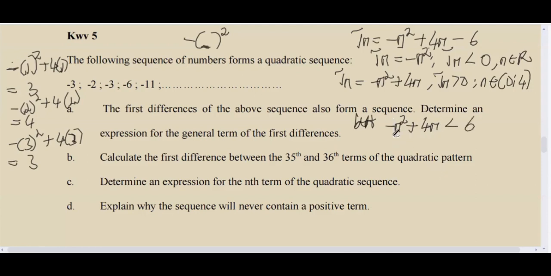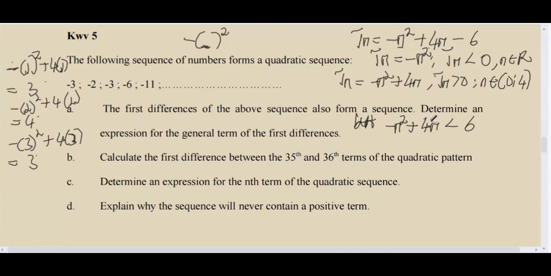So if this whole expression here is giving us values that are less than 6, that means if we say 3 minus 6, that's a negative value, negative 3. 4 minus 6, that's negative 2, a negative value again. 3 minus 6, that's negative 3, right?